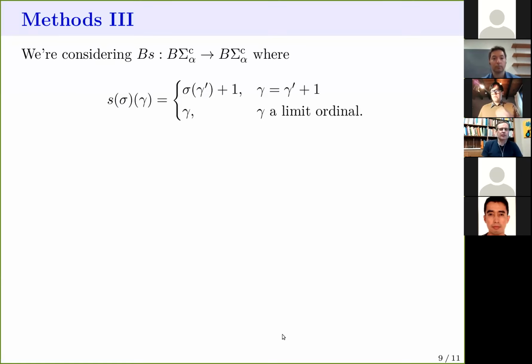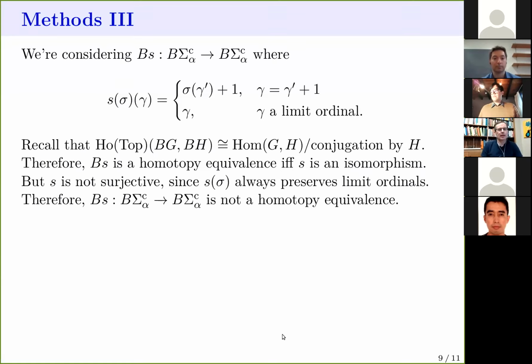Okay, so here I've just written it down again. That's the map. And here's a calculation we can do. In the category of unpointed spaces, if I want to look at maps between classifying spaces, those are the same as group homomorphisms modulo conjugation by elements of the codomain. So it follows that if we have a map here that is a homotopy equivalence, it has a homotopy inverse, which will be induced by some map from G to H. And the composites will be conjugate to the identity maps.